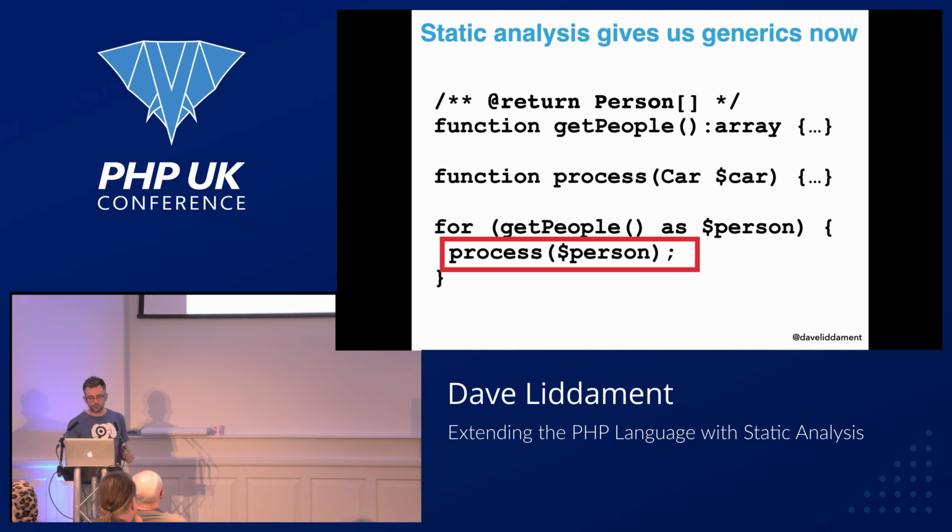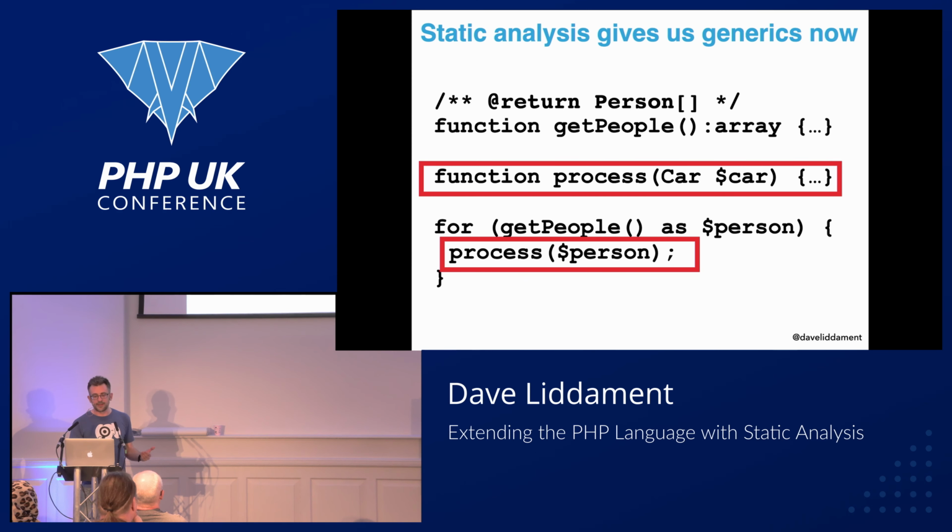So that means when we call process with $person, we know that $person will be of type Person, and then when we try and call the process method, it's expecting a Car. A Person isn't a Car. So static analysis will tell us you've made a mistake, okay? We don't need to run this code.